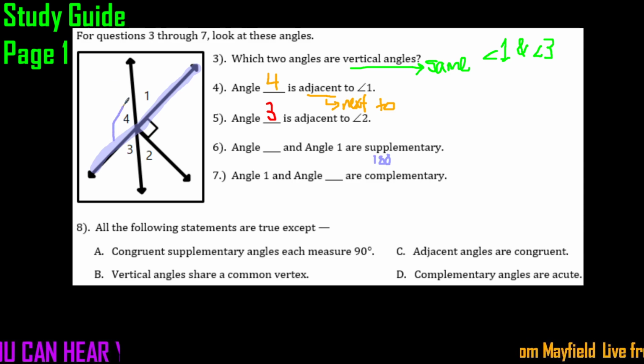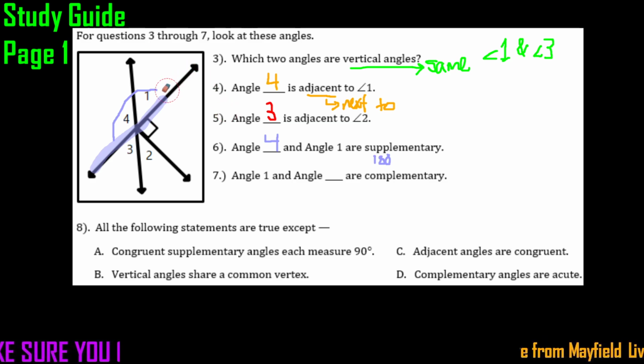And if you look, I have a horizon or a half circle when I have angle 4 and angle 1. Do note though, however, they do not have to be adjacent. That means that two angles that add together to equal 180 are supplementary, but they do not have to be adjacent to each other. In this case they are, but they don't have to be adjacent.